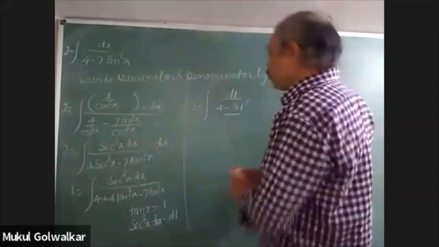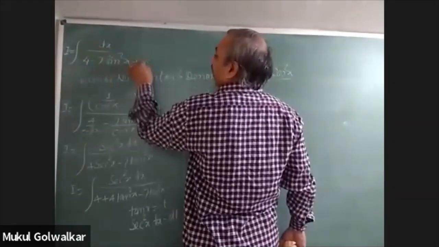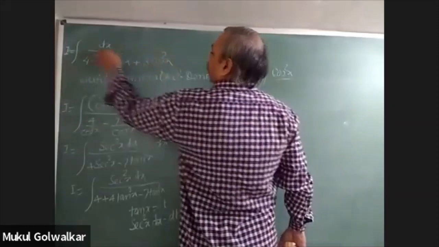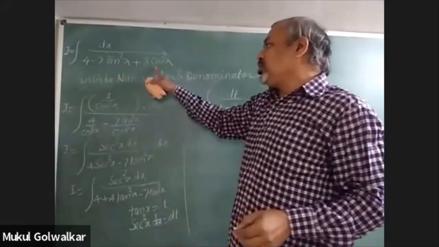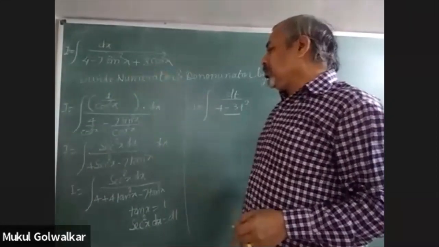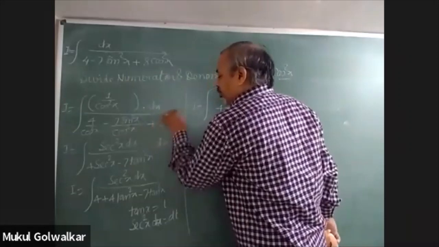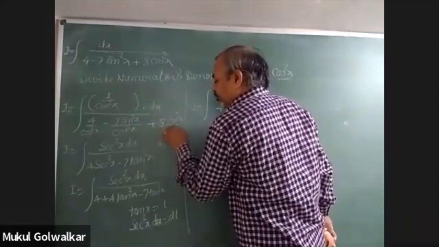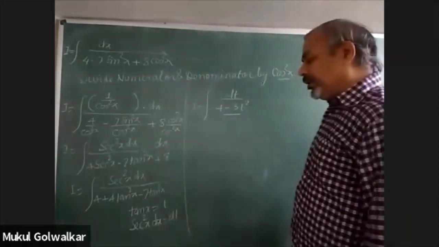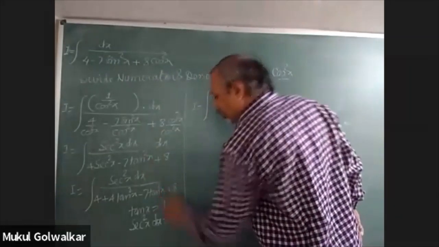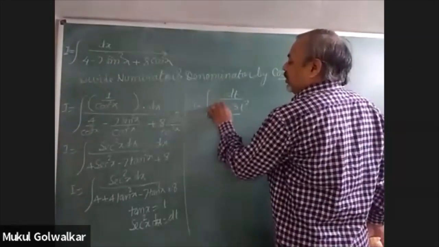Now suppose along with this, I write a term like 8 cos square x. Had the question been like this, what we would have done is write here plus 8 cos square x divided by cos square x, and here we would have written it in the form of the constant quantity 8, and here also we would have added the constant quantity 8, and in this case we would have got the quantity 12.